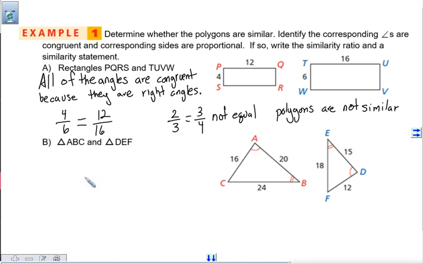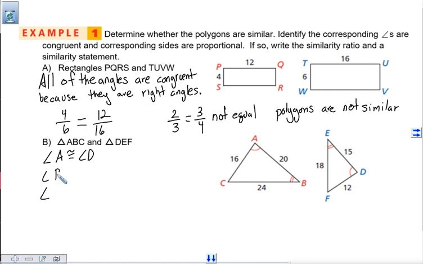Next up, we are looking at 2 triangles. So we need to look and see which angles are congruent. So we have angle A with 1 arc mark and angle D with 1 arc mark. So angle A is congruent to angle D. And we have angle B with 2 arc marks and angle E with 2 arc marks.